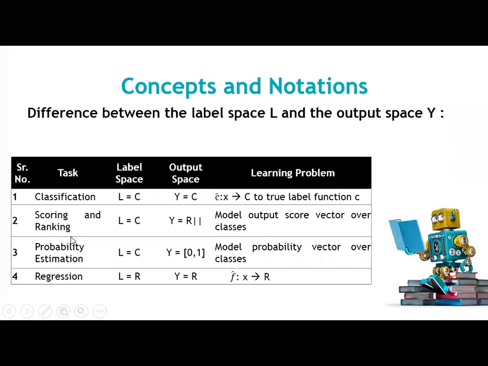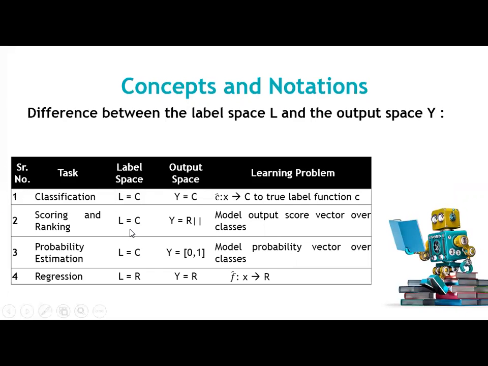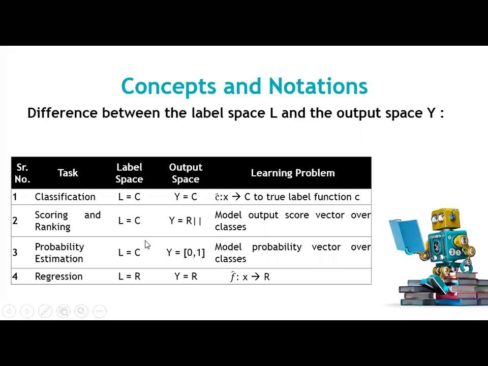Clear? Now scoring and ranking, and the regression task. In the regression task, what does label space mean? Just as I told you, consider the percentage of students. According to the percentage I have classes. Roll number 3, roll number 6 and roll number 7 go into the pass class. So pass class, first class, second class, these are the label classes. But the percentage is a real number, and this goes into the output space.